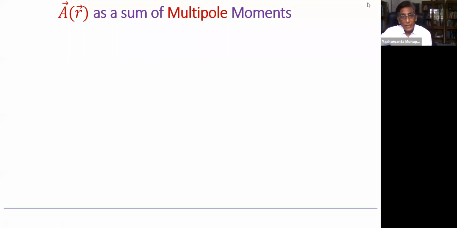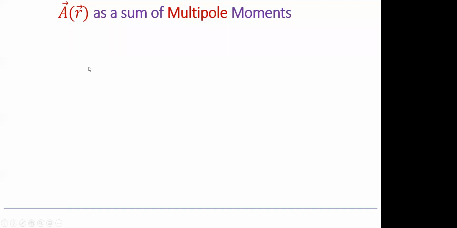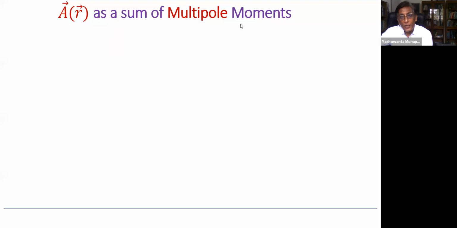So now let's calculate the A of R. By definition, for a filamentary current, the most useful thing is the filamentary current I over a path dl.